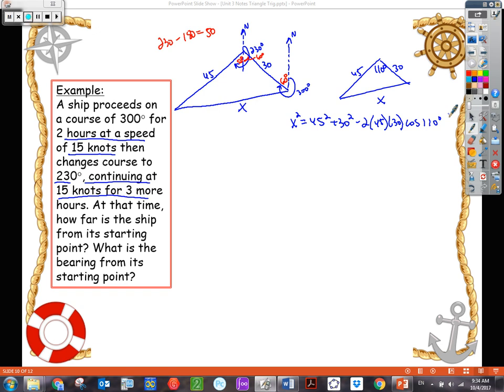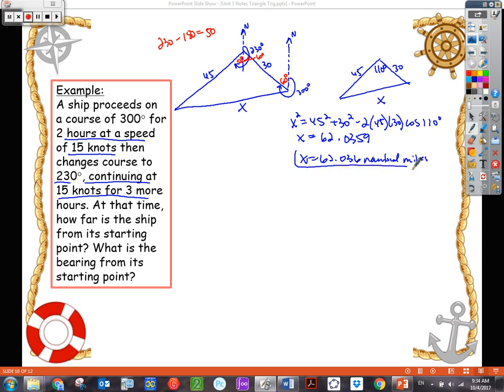And of course, this is a calculator lesson. So we would put all that information in our calculator. We're going to get a number. Then we would square root it, right? I'm not going to go through the calculator input. I think we're all good at that. So we put all this in and then square root it, and you should get that x is 62.0359, or if we're going to round, 62.036 nautical miles.